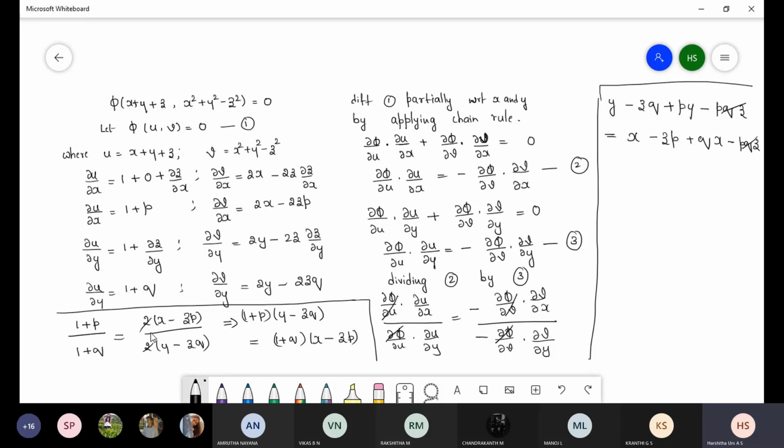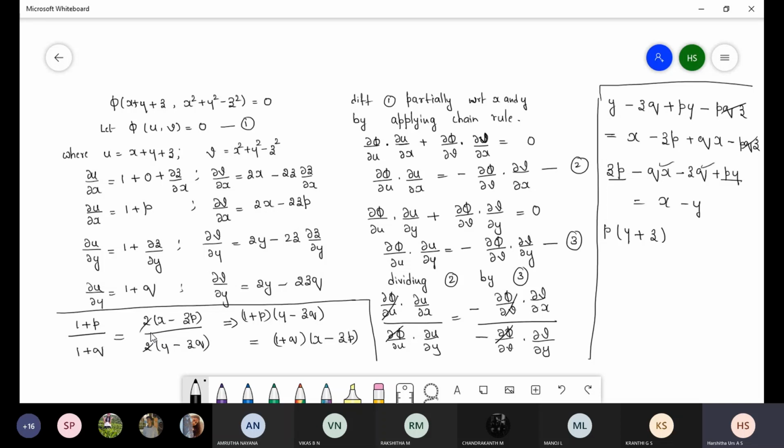So first what I will do, zp minus qx minus zq plus py is equal to x minus y. From these two I will take p as a common, so I write y plus z.